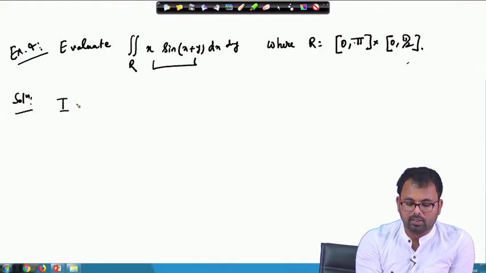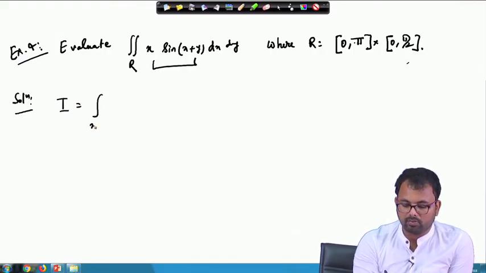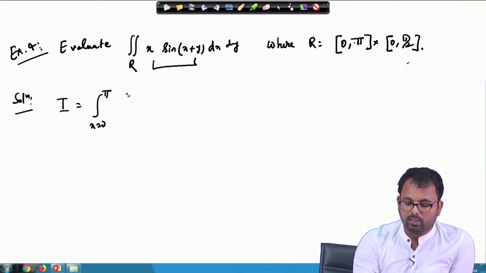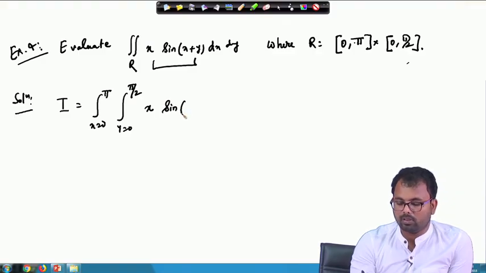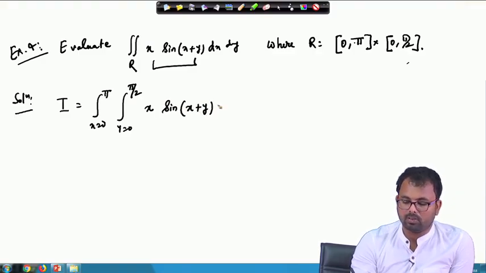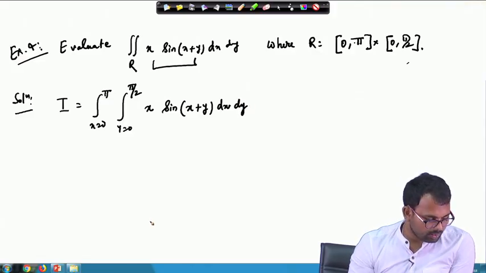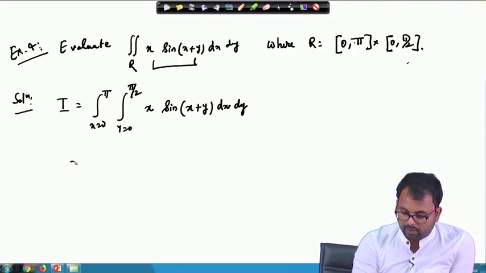Let us write it as I equals the integral with x running from 0 to pi, y running from 0 to pi by 2, of x sine (x plus y) dx dy. First of all I will integrate with respect to y.